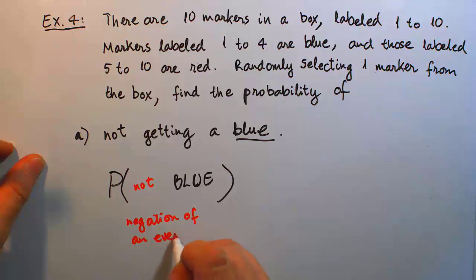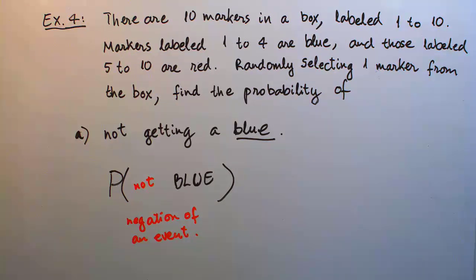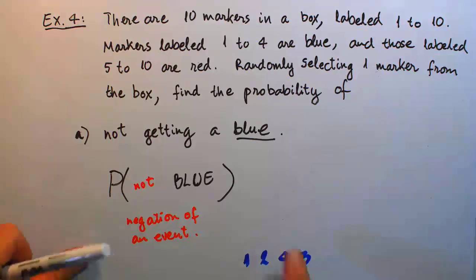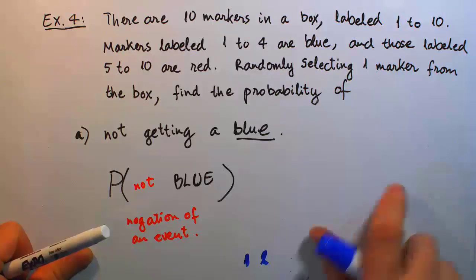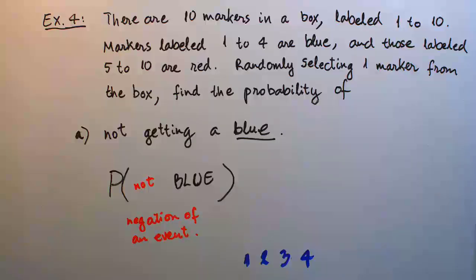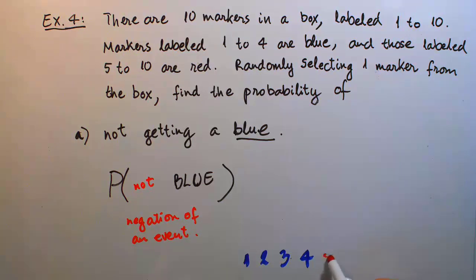Once again, in a problem like this we can easily count through. In the marker box, I have 4 markers, 1, 2, 3, 4, these are the blue markers, and I have the red markers going from 5 to 10: 5, 6, 7, 8, 9, 10.